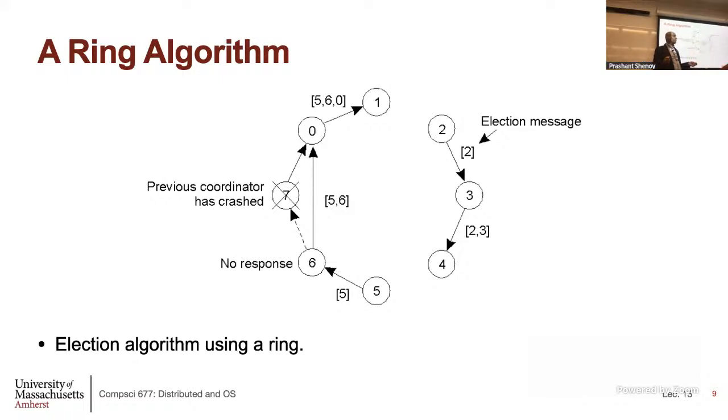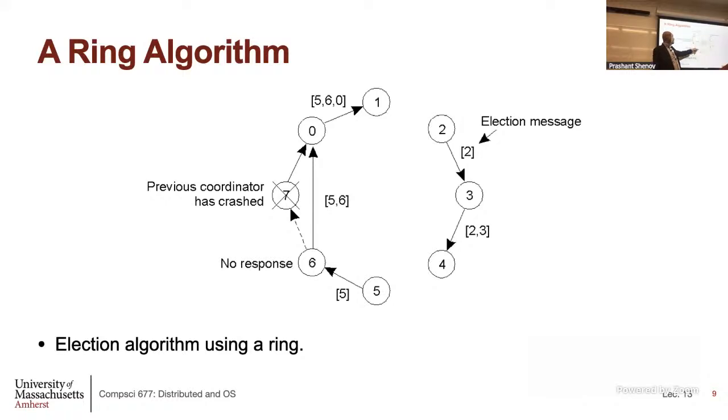So to restore the ring, you have to have a ring restoration process, some protocol that allows the 2 nodes that are now separated because of the failed node to attach themselves to one another. You can do that in many ways. You can send a message in the backward direction and figure out what was the neighbor of 7, for example.